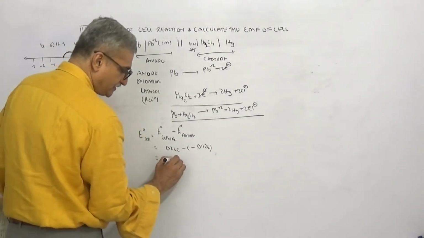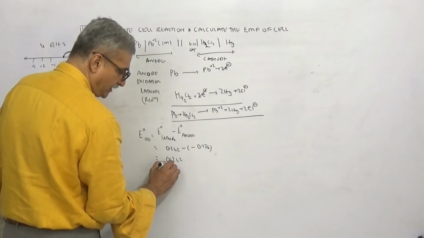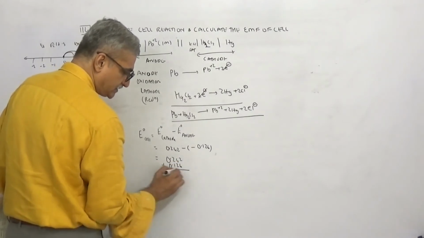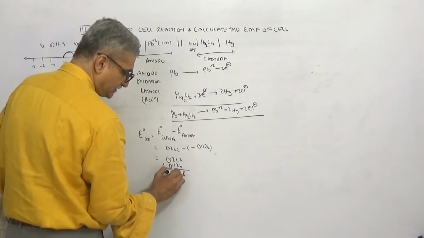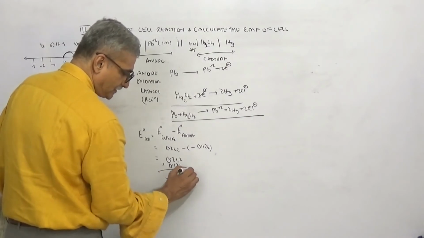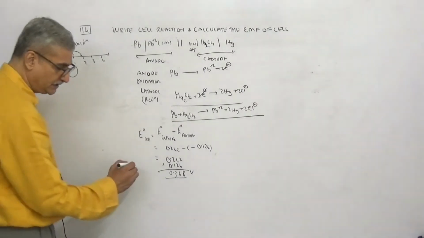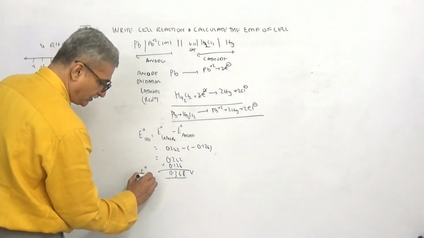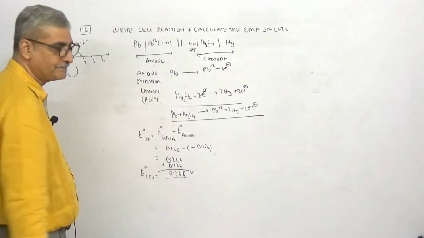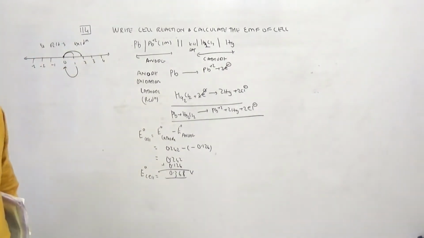So that becomes 0.242 plus 0.126, so your answer is 0.368 volt. That is the standard EMF of the cell.